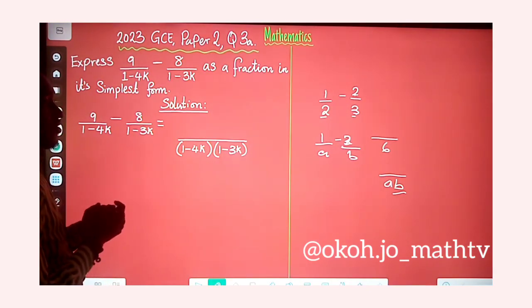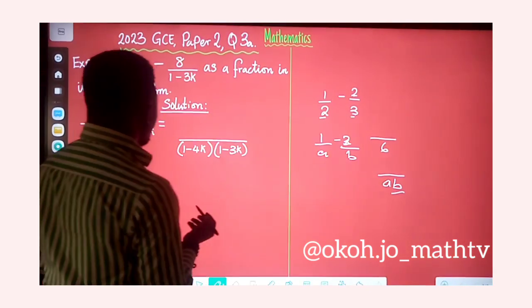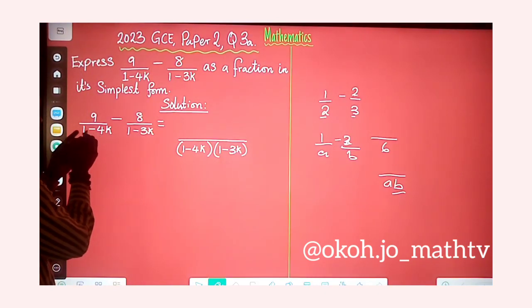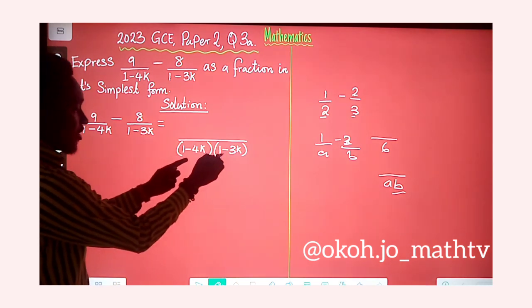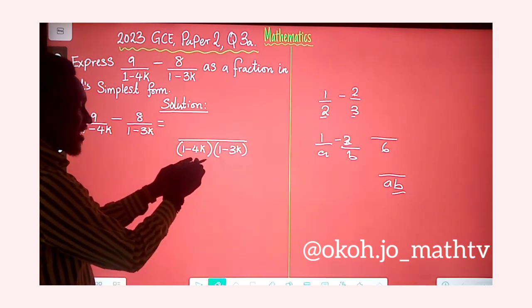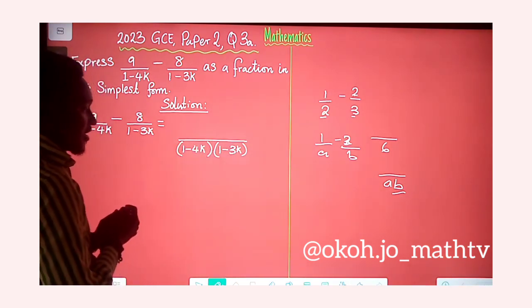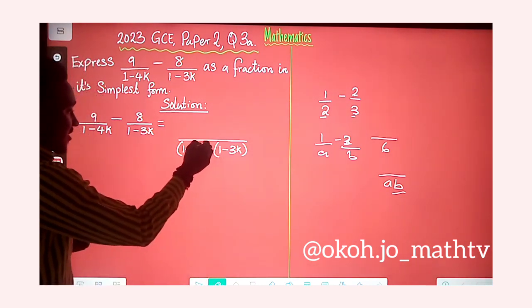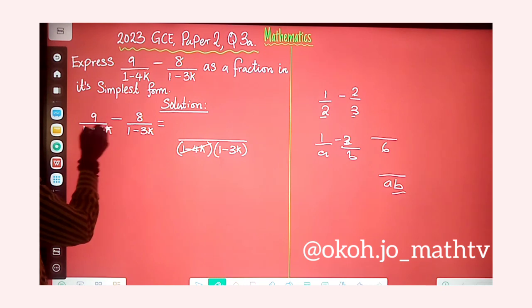Having done this, you can say how many times can 1 minus 4k go into 1 minus 4k, 1 minus 3k. It is obvious that this can cancel this.